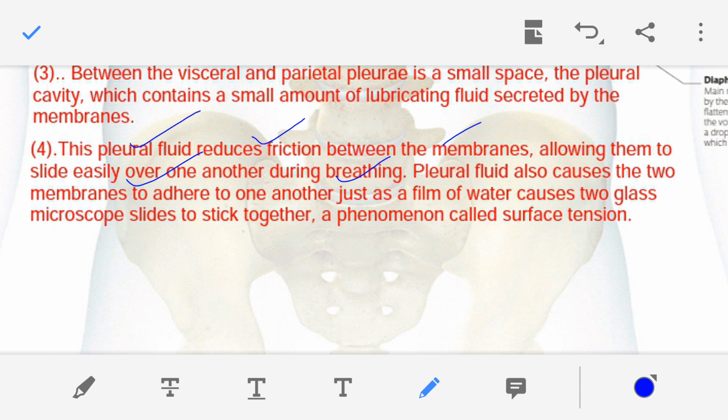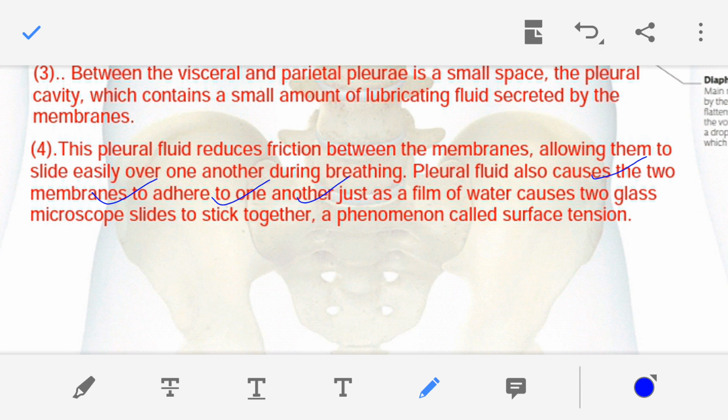Okay, now the pleural fluid also causes the two membranes to adhere to one another. This fluid sticks or joins the two membranes.